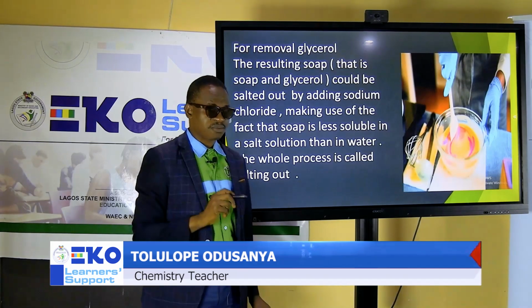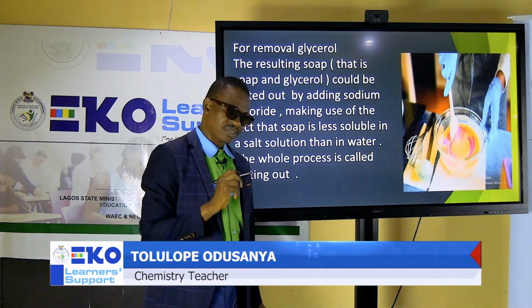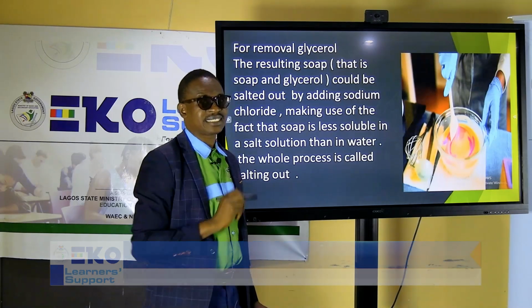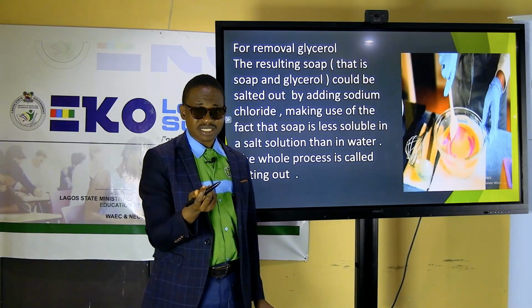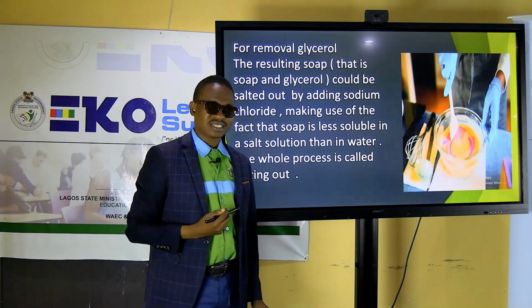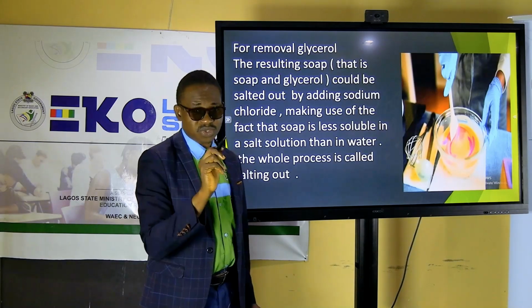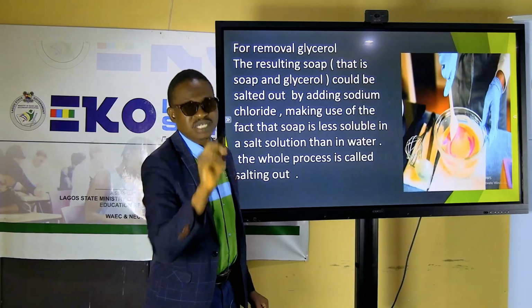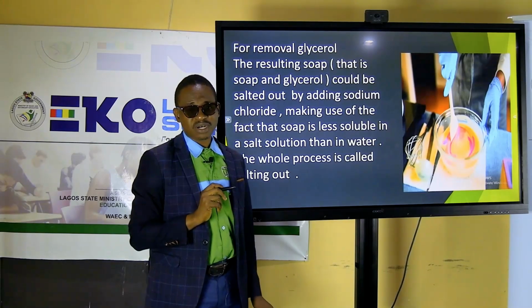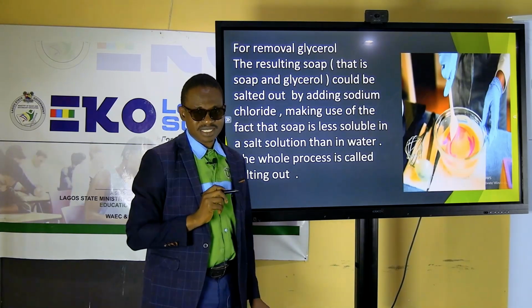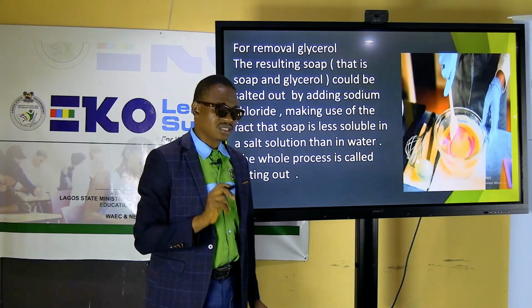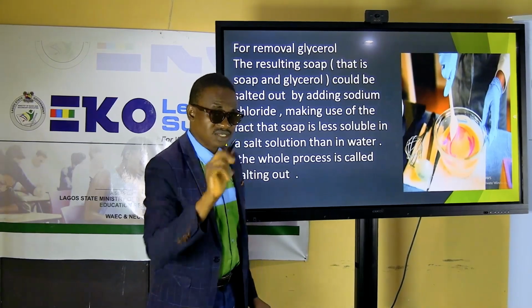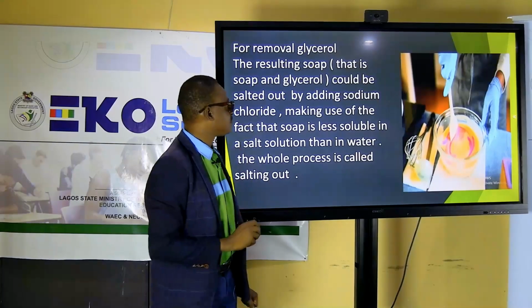So if our soap is less soluble in salt solution, don't you think that we can add salt into the mixture of soap and glycerol in order for us to remove our soap from the mixture? What do you think the process will be called? Salting out. That's what they call the process.